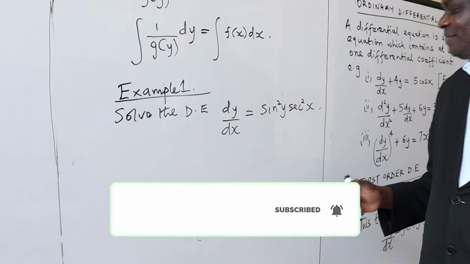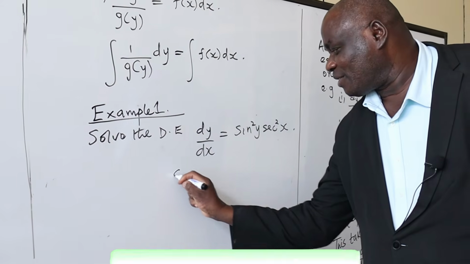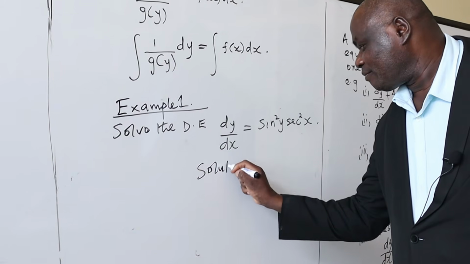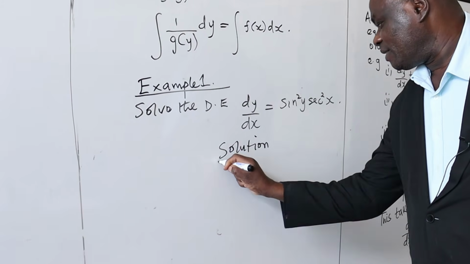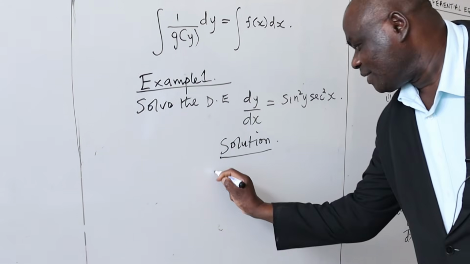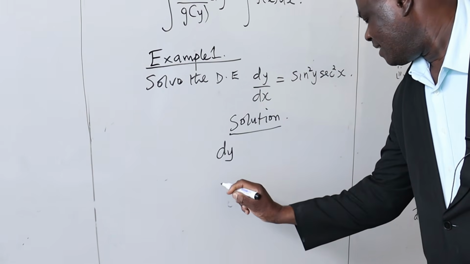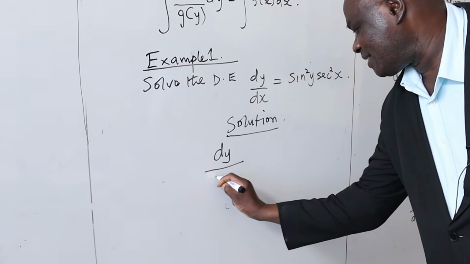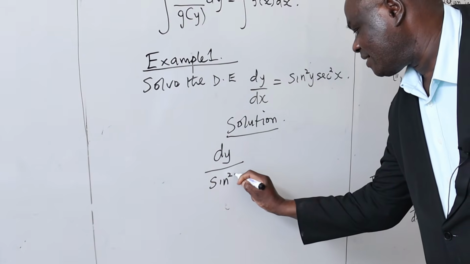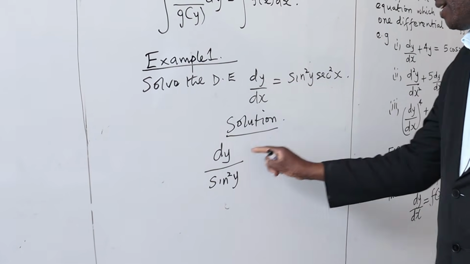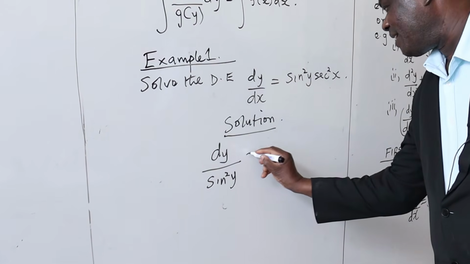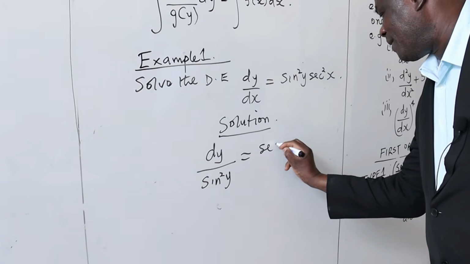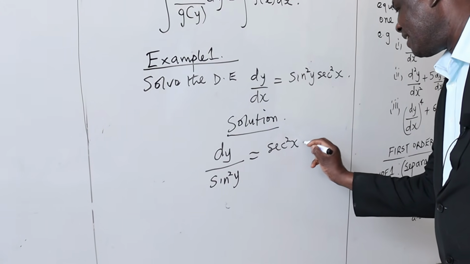In our solution, this will be dy over sin squared y. Dy over sin squared y will be equal to sec squared x dx.